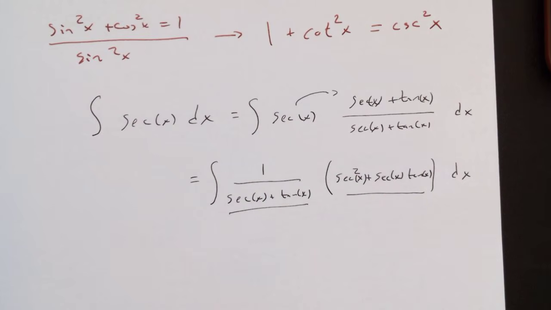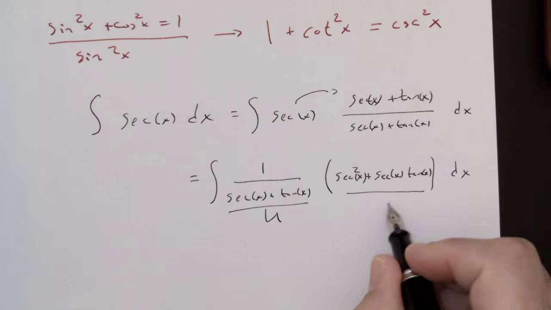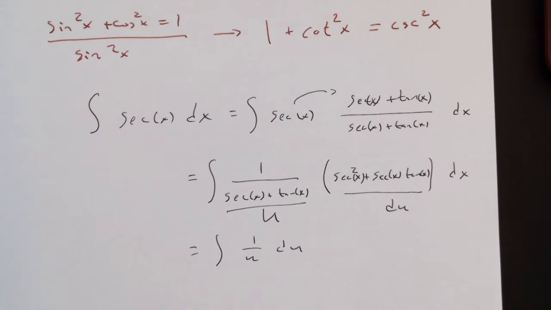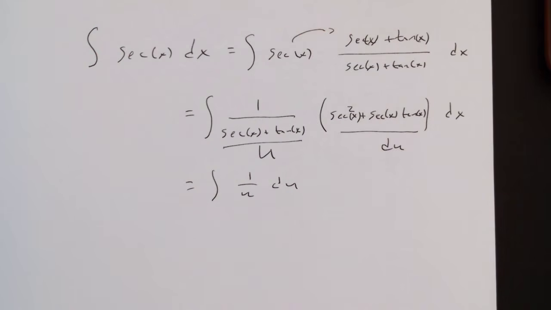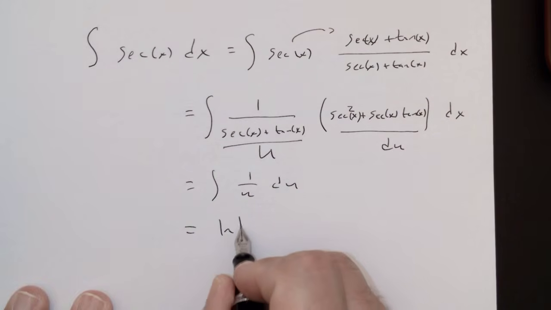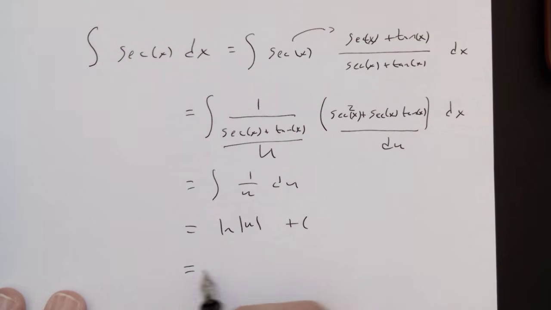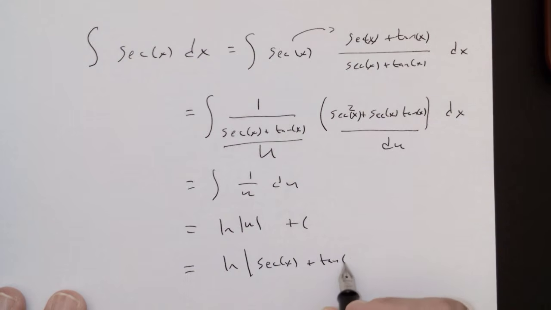This is a U substitution. What's the integral of 1 over u? Which means I get ln of secant x plus tangent x plus c.